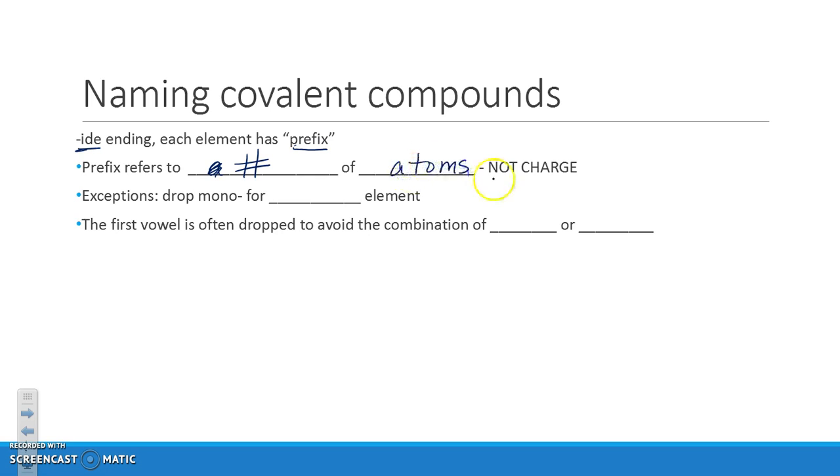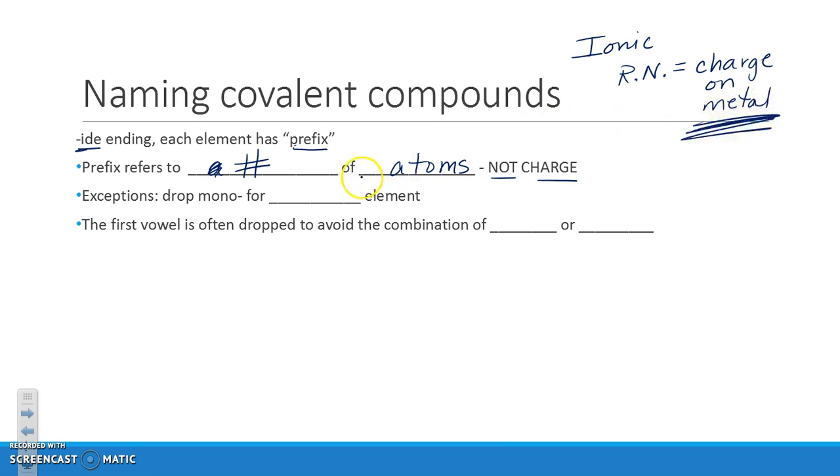It does not tell us the charge. Remember, when we did ionic compounds, we had Roman numerals, and those Roman numerals told us the charge on the metal. When you get to prefixes, that tells us the number of atoms. It does not tell us the charge because they're not charged.